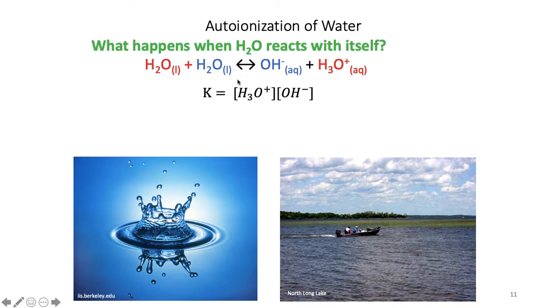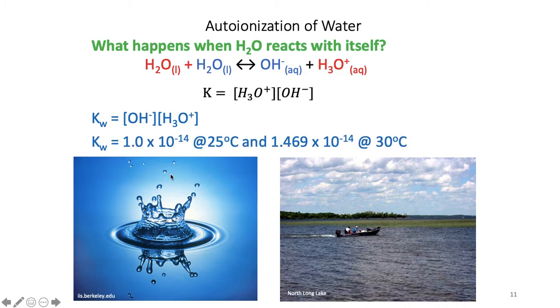Therefore, the equilibrium expression for the auto-ionization of water is K equals H3O plus concentration times OH minus concentration. We've measured this value, and we call this Kw for water. Kw is OH minus times H3O plus.